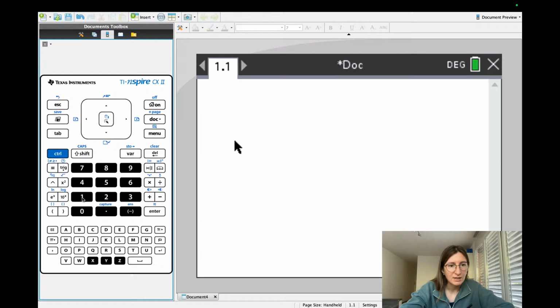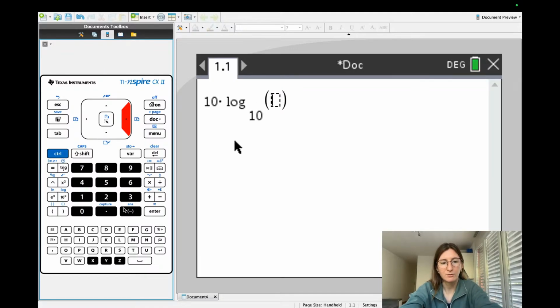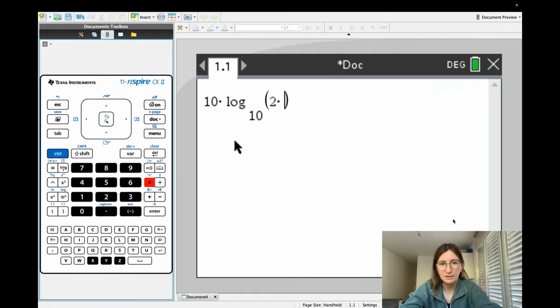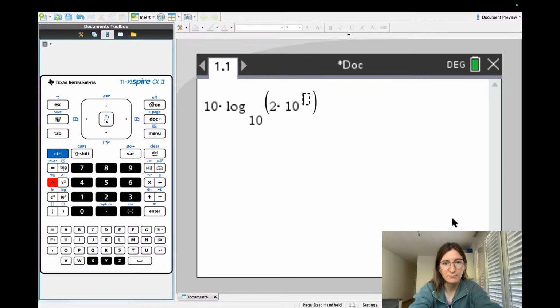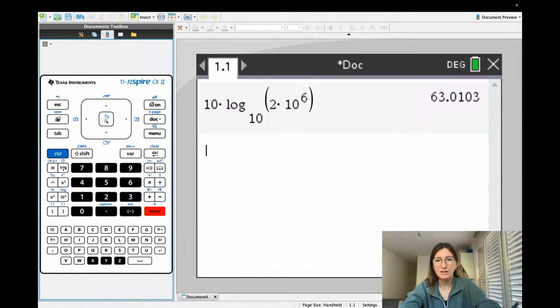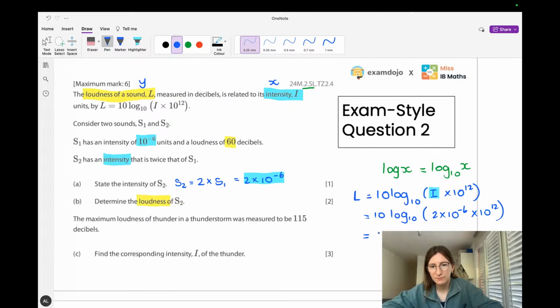So we want 10 times, and we go Control log base 10 of 2 multiplied by 10 to the power of 6. Just simplifying my log laws there. Again, you can type out the whole thing and not simplify that. That'll be fine. We get 63.0103. I'm going to write out the whole thing.